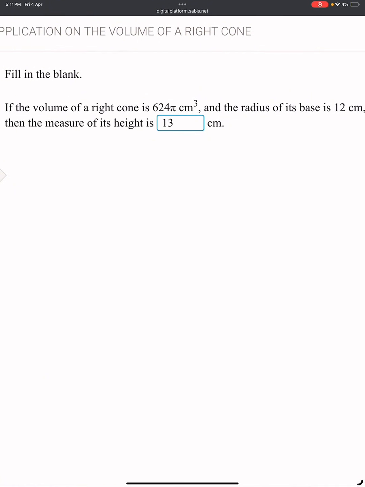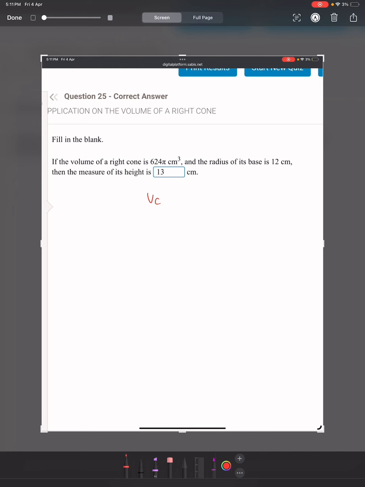So volume of a cone is 1 over 3 pi r squared h. So they said the volume is 624 pi equals 1 over 3 pi radius, which is 12 squared, times the height.